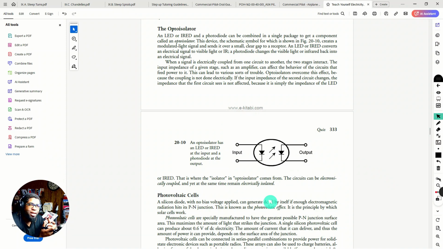When they say nonlinear, it means that what you put in at point A, you don't get the exact thing at point B. So our job as electrical engineers is going to be to keep the integrity of that signal or of that power source the same. Sometimes we want to change it, but most of the time we want to keep it the same. That's no fault of the devices.